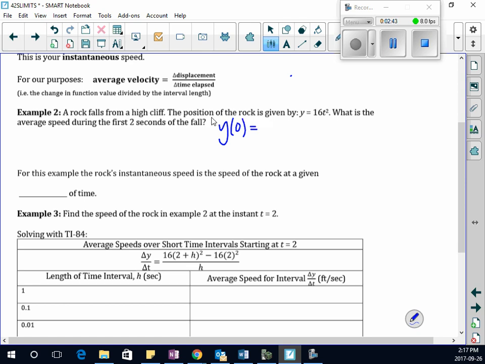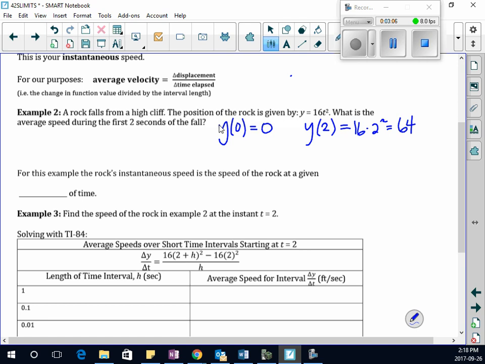At 0, how much have I traveled? 0. 0 goes in for t and you square it, yes, and you get 0. So after the first 2 seconds, what would that be? 16 times 2 squared, what is that, 64? Yeah?